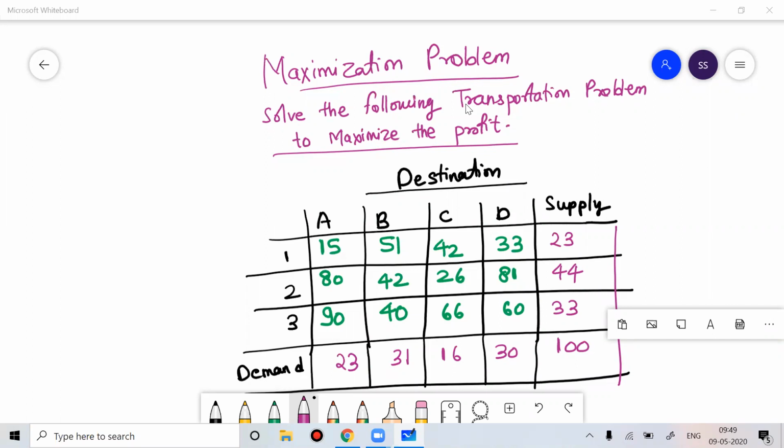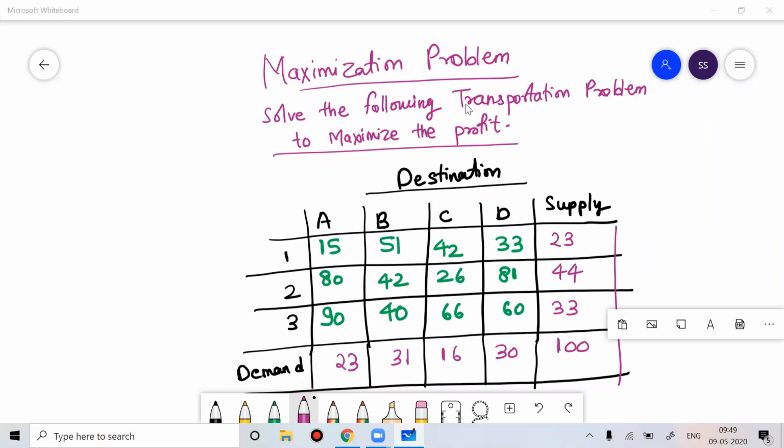Now, whenever you start solving the problem, the first and foremost thing is that the matrix we are working on should be a minimization matrix.